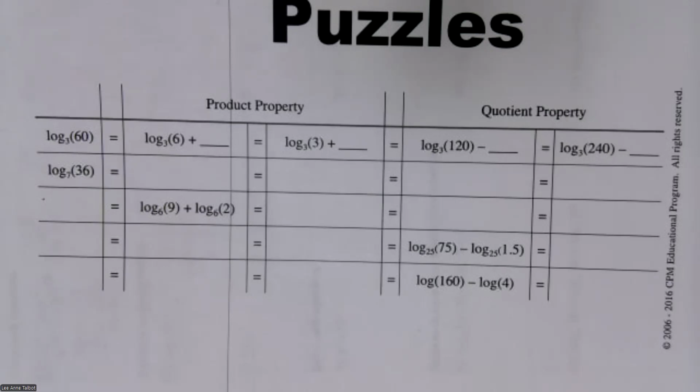Oh, okay, excellent question. So what you're gonna do is take this and figure out the problem first. So this is gonna be 75 divided by 1.5, which is what, 90? Is it 90? No, 75 divided by 1.5 is 50. Okay, so then put log base whatever 50 there and then figure out the rest of them.